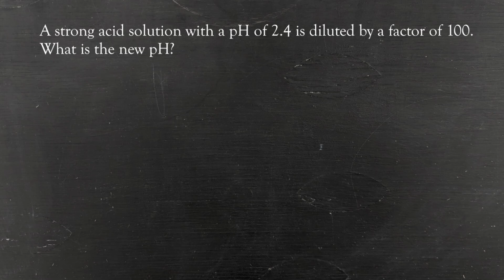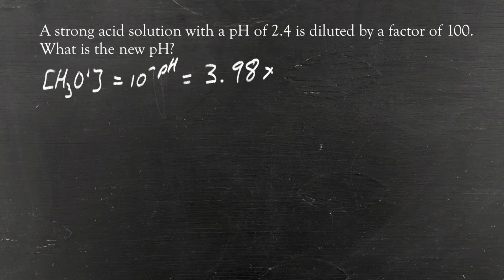Now our final question has a little bit of a trick to it. As in, we could very quickly answer it without having to do any calculations. The question says a strong acid solution with a pH of 2.4 is diluted by a factor of 100. What is the new pH? Now, the long way to do this question is to recall that the concentration of H3O plus is going to be equal to 10 to the power of negative pH, which in this case comes out as being 3.98 times 10 to the negative 3.